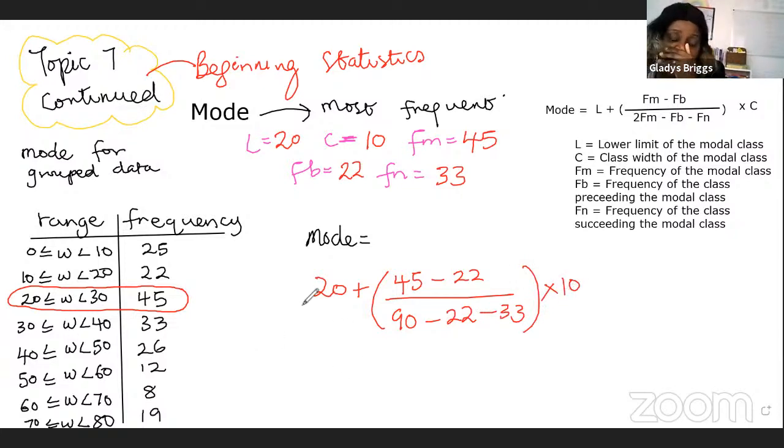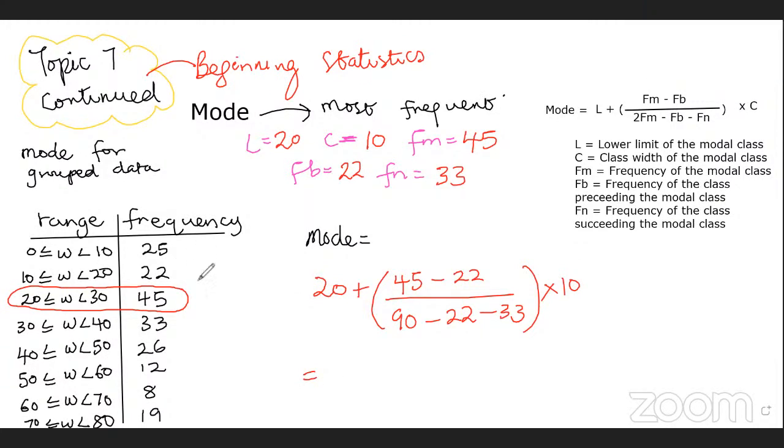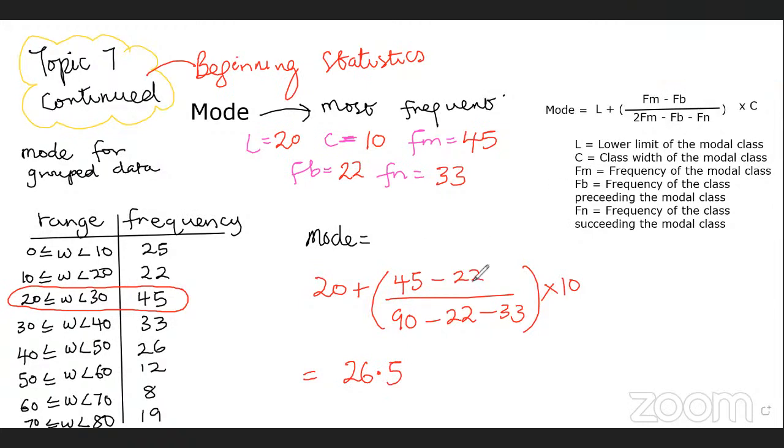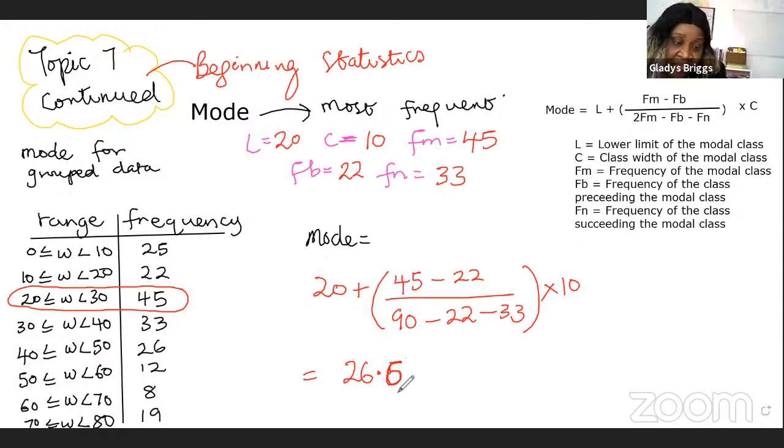Then if you put all this into your calculator, what do you get? 26.6. It's 26.57, so 26.6, or 26.5, whatever you do. You should know how to do the rounding. Okay, guys, well done to you.